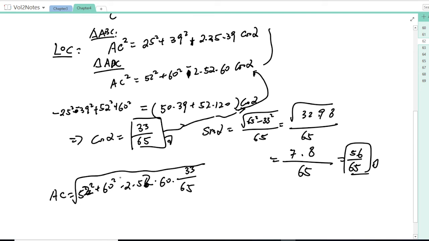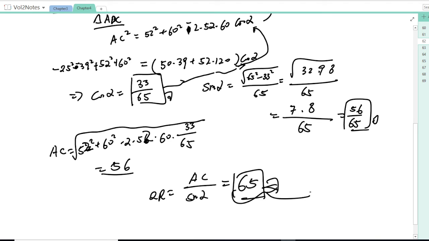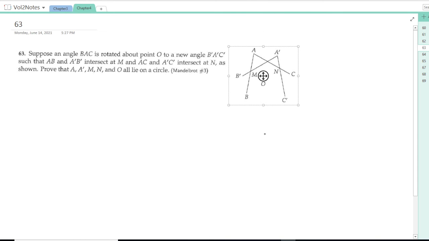Taking the square root, this tells us it's 56. Then 2R equals AC over sine alpha, which is 65. There is a lot of calculation involved, that's for sure, but it's still manageable when you get familiar with the law of sines and law of cosines.